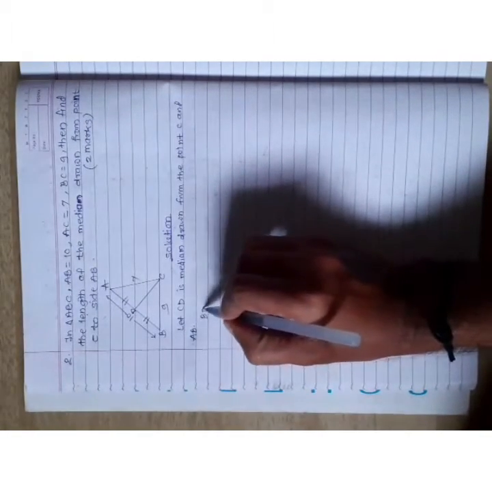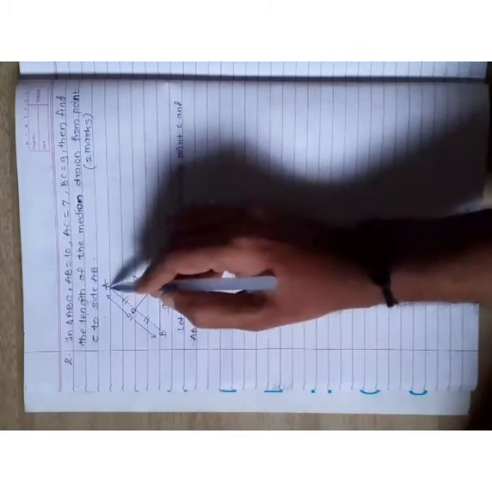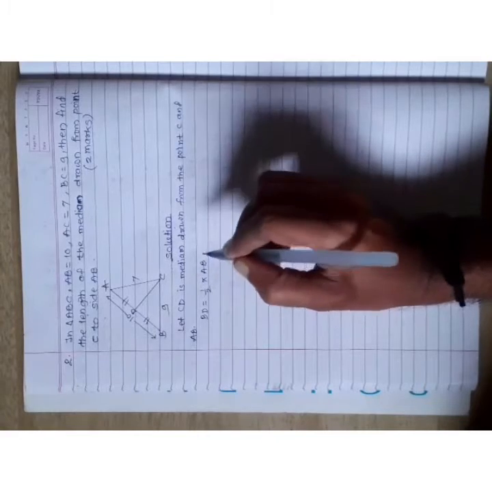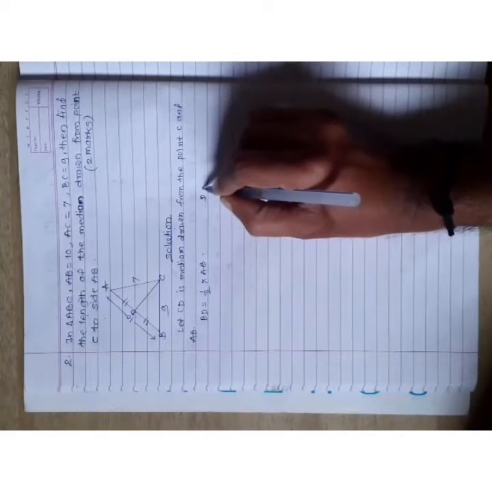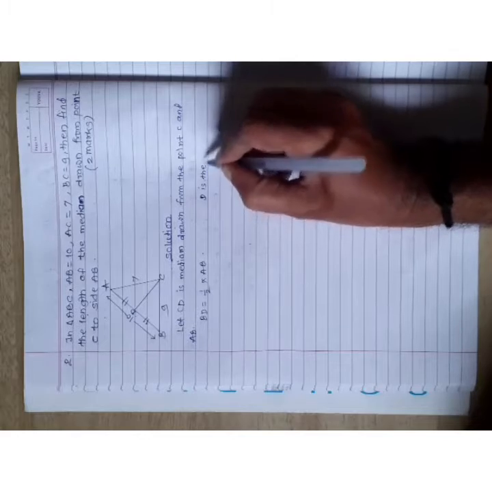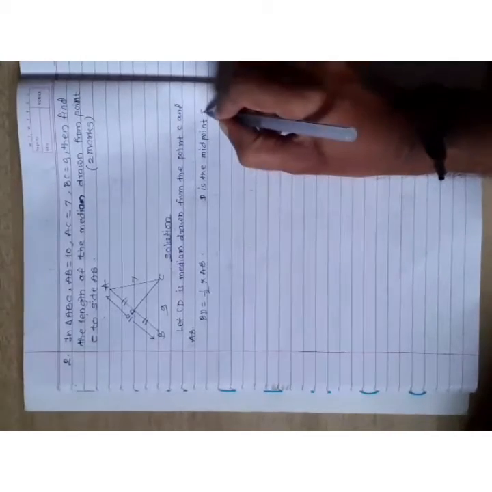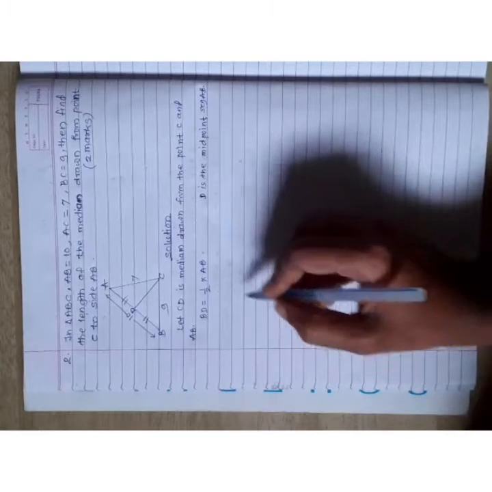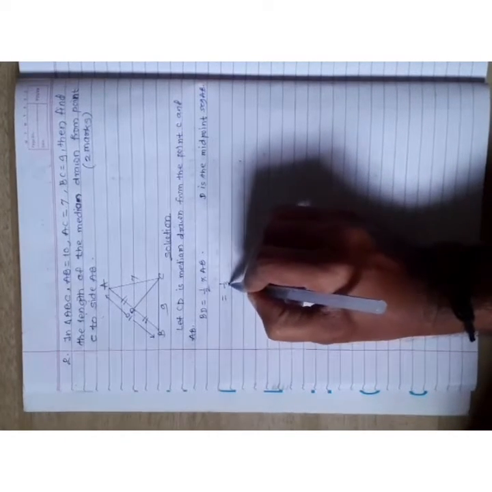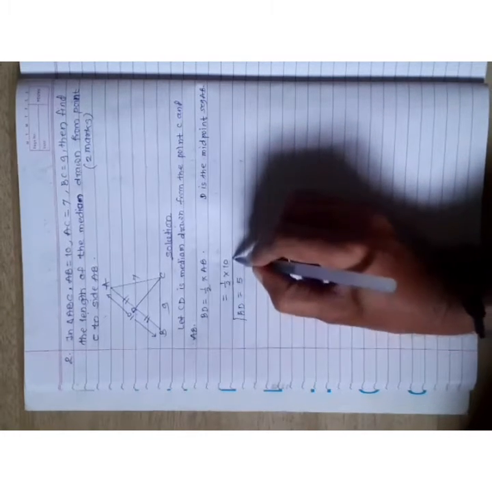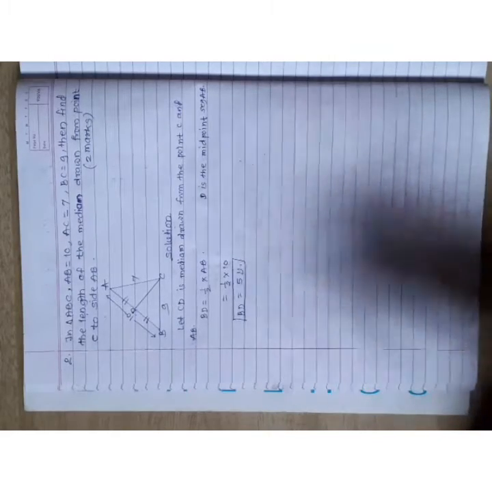BD is equal to half of AB, as D is the midpoint of segment AB, is equal to half multiplied by 10 is equal to 5. BD is 5 units.